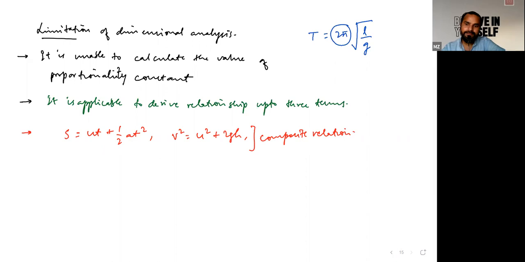So it is not applicable to derive composite relationships.